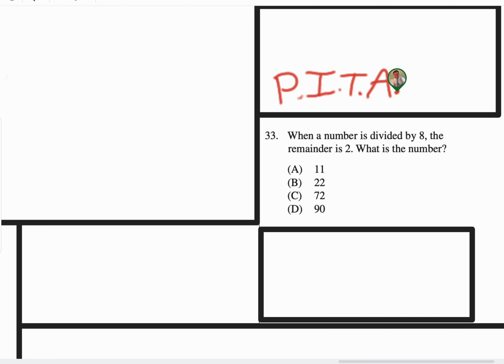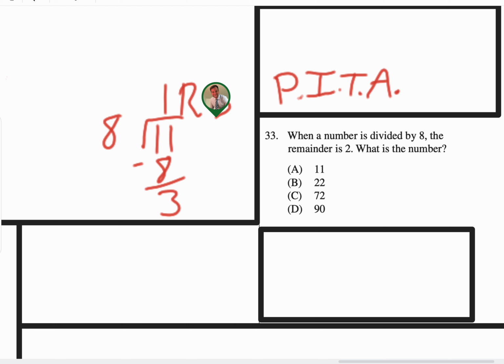Let's plug in the answer. If we start with A, 8 will go into 11 once with a remainder of 3. This is one remainder 3.